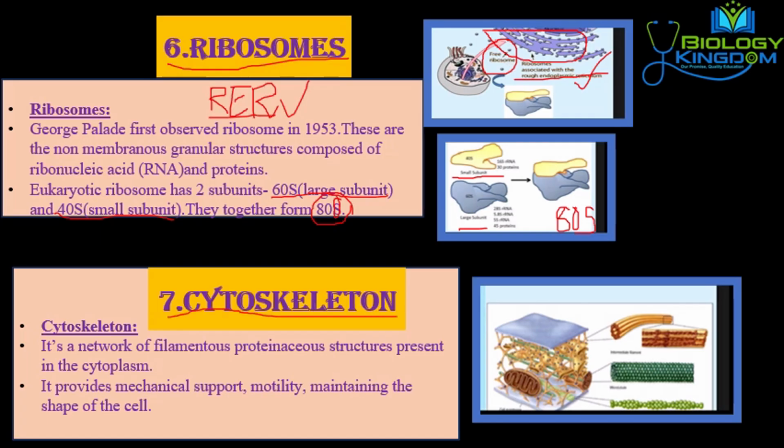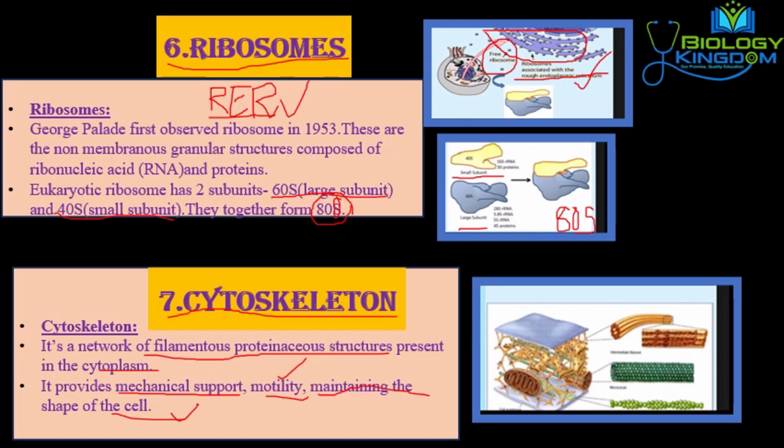The cytoskeleton, if we observe in this picture, is a network of filament-like proteinaceous structures present in the cytoplasm. The main function of this cytoskeleton is to provide mechanical support, motility, that is nothing but movement, and maintaining the shape of the cell.